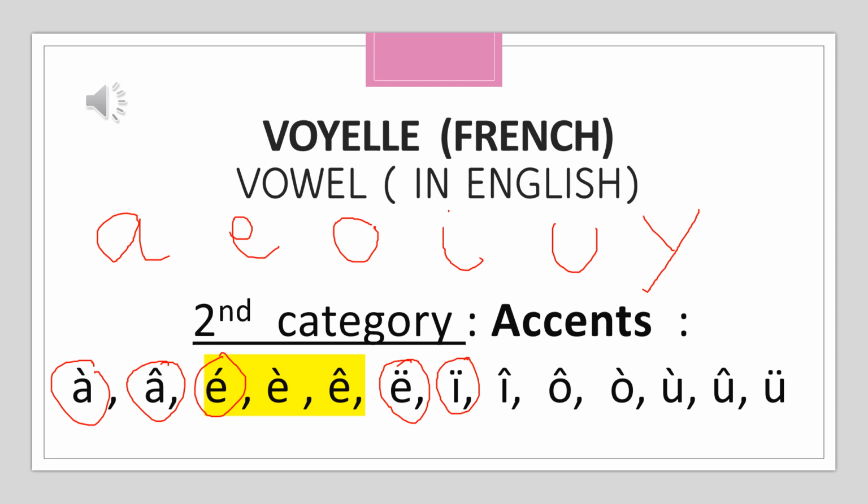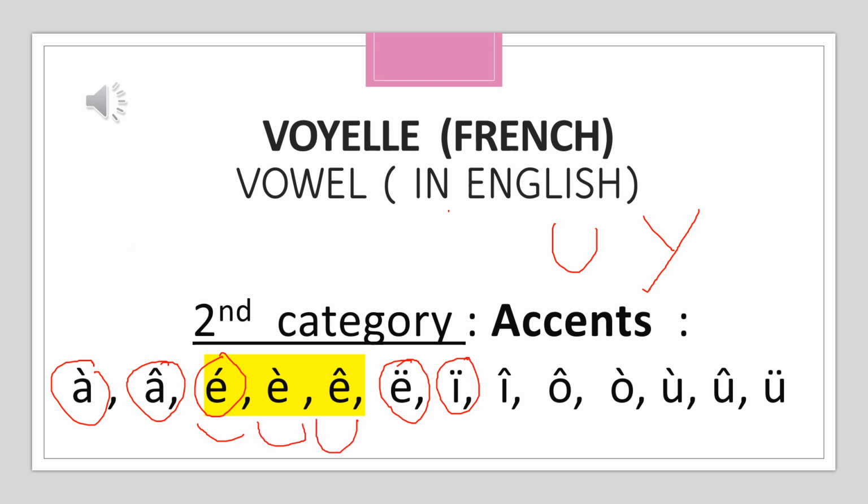Okay, so for this lesson, in order not to overload you with tons of information, we're just going to study the three vowels with accents highlighted in yellow, which are é, à, and â.